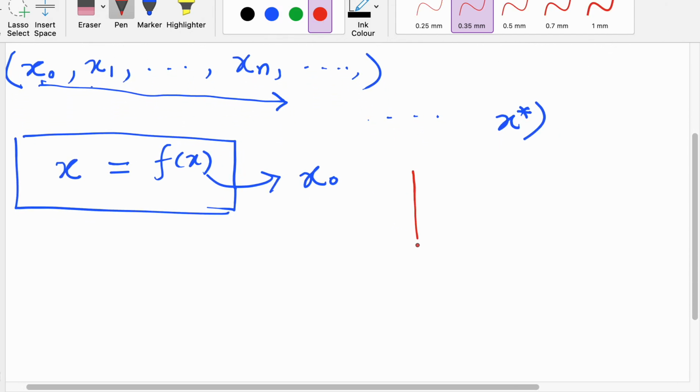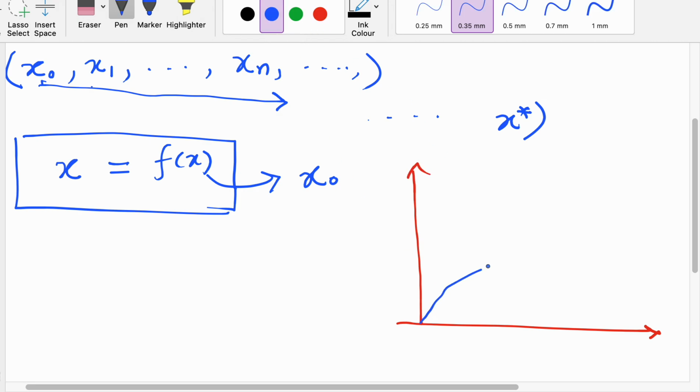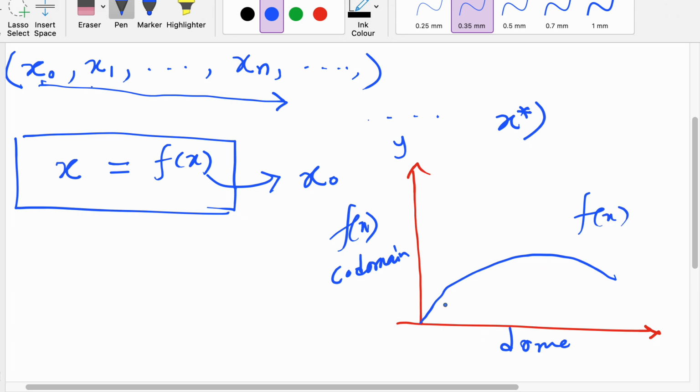To calculate the fixed point, if we draw this curve, suppose this is f(x), then this axis is called the codomain axis, and this is the domain. And suppose another curve is y equal to x.